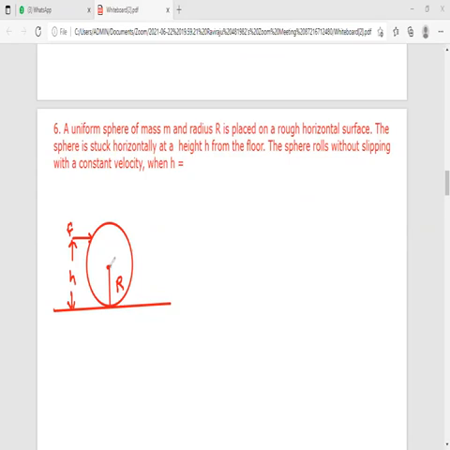Angular momentum is m v r. By using the relation L equal to I omega, here you can write m, v, and what is the r value? It means the perpendicular distance from the center of mass to this point.